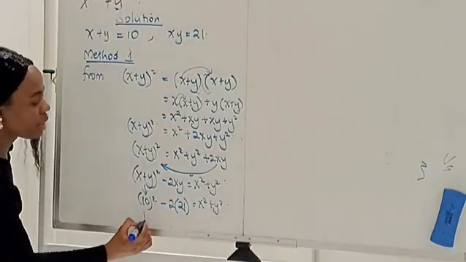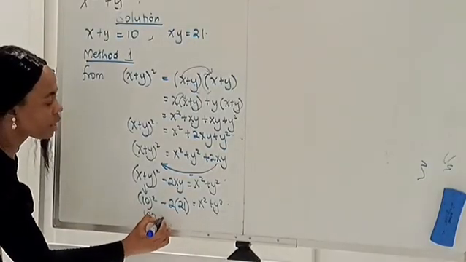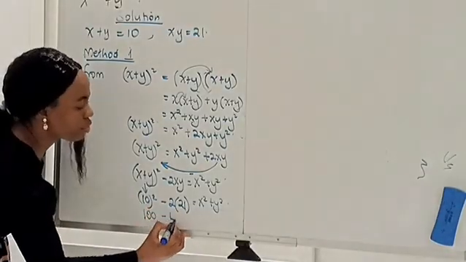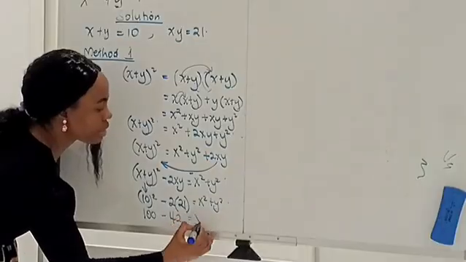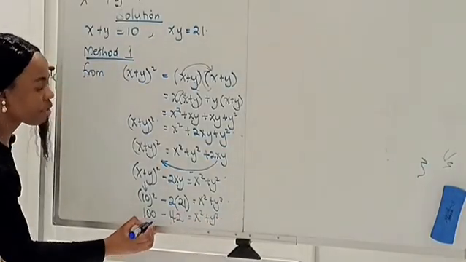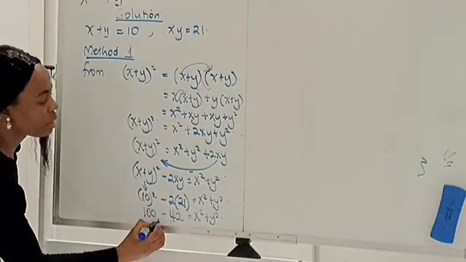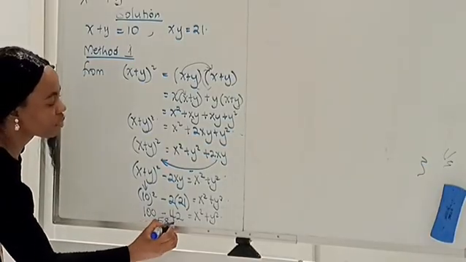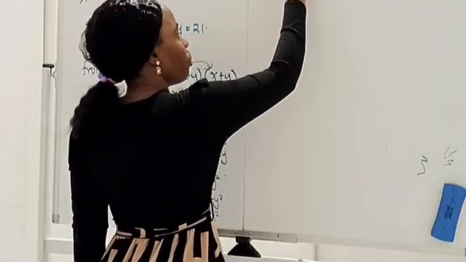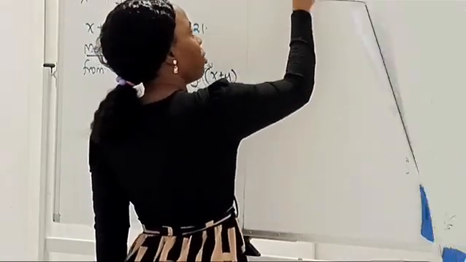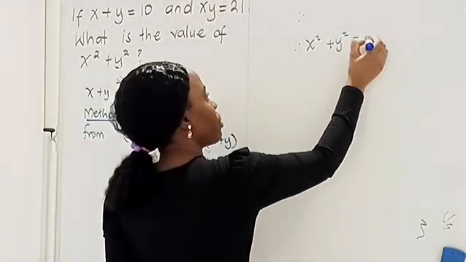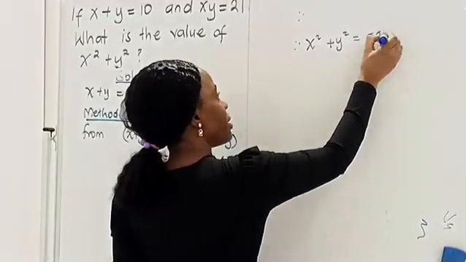So 10 squared is equal to 100, and 2 times 21 is equal to 42, and this is equal to x squared plus y squared. Therefore, x squared plus y squared is equal to 58, okay? So that is our conclusion: x squared plus y squared is equal to 58.